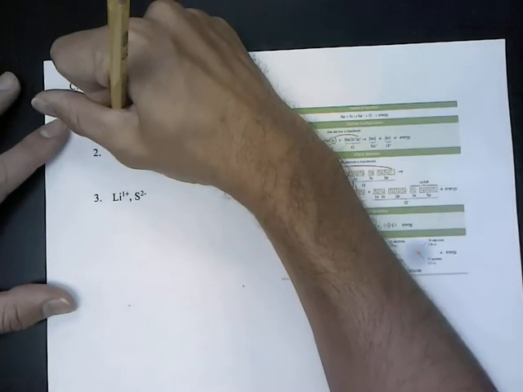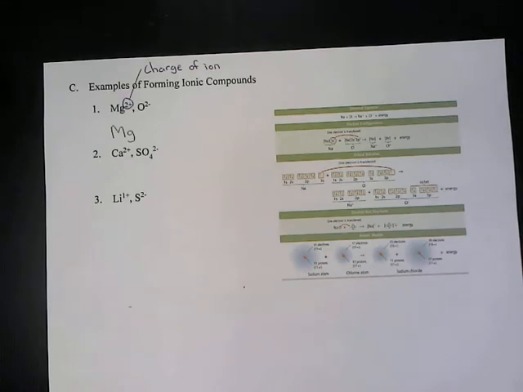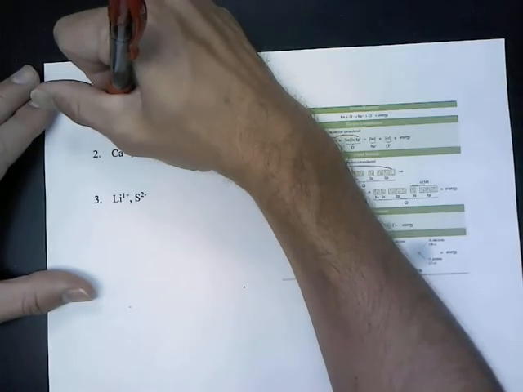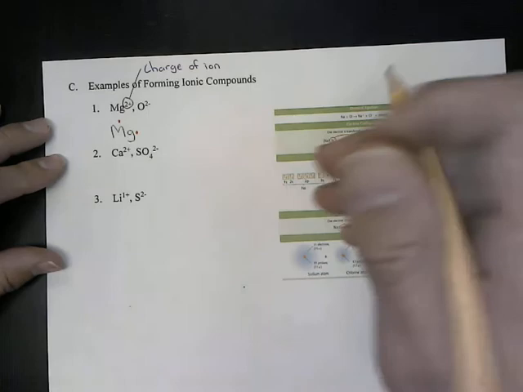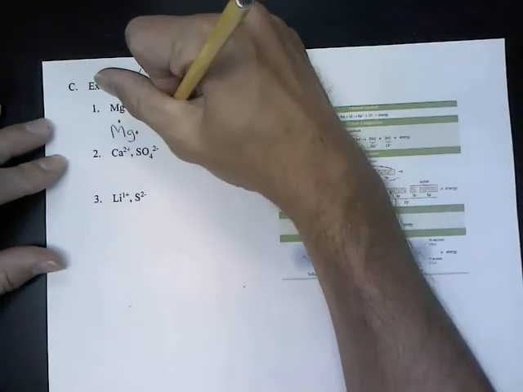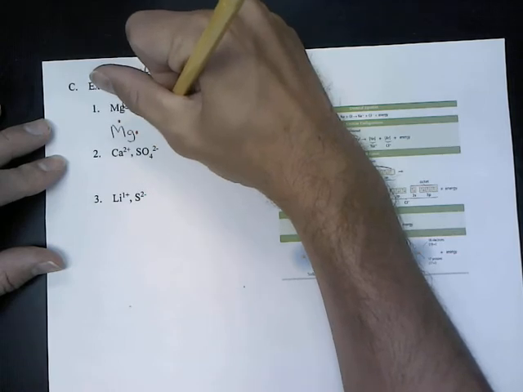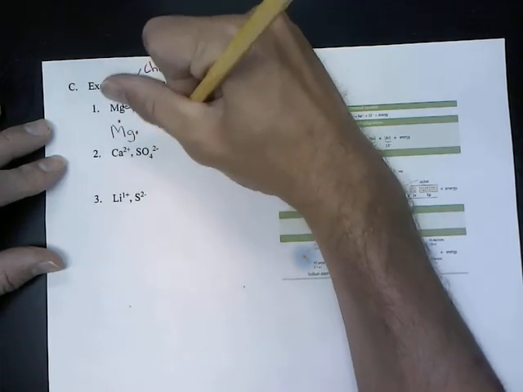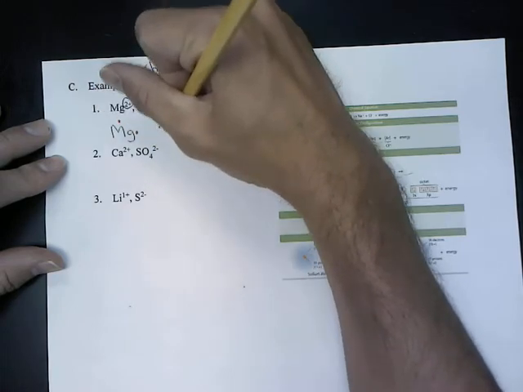Magnesium, Mg, remember, has two valence electrons, and I'm going to draw those 2 valence electrons with my red pen. Then oxygen has 6 valence electrons, and I'm going to draw these in pencil.